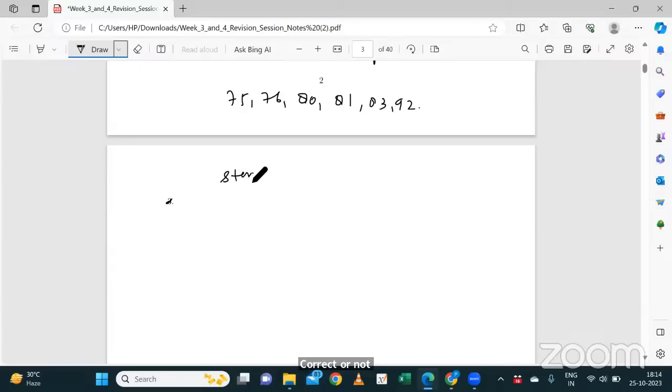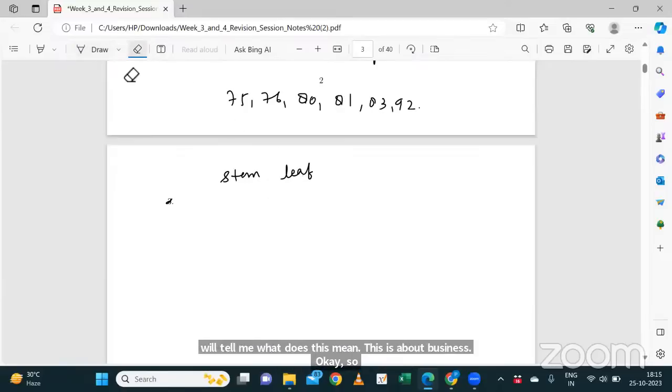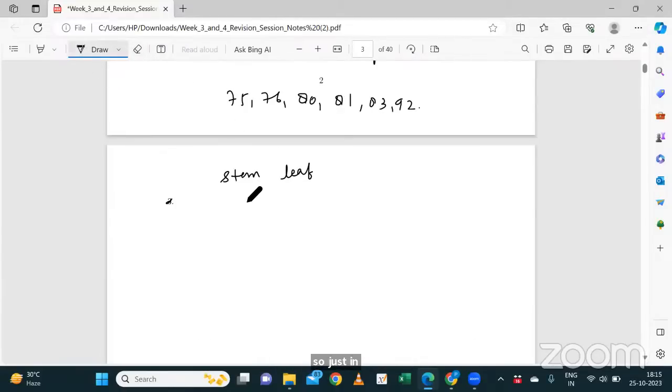Let me draw another stem and leaf plot. You will tell me what this means. This is the stem and this is the leaf. Let's suppose I have written 6 | 0 and so on.